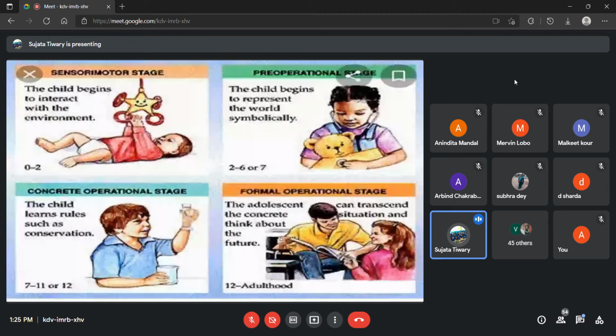Now, the last stage of this development, from 11 and up, is called the formal operational stage. In this stage, the child develops abstract thinking, scientific thinking: rules, hypotheses, principles.